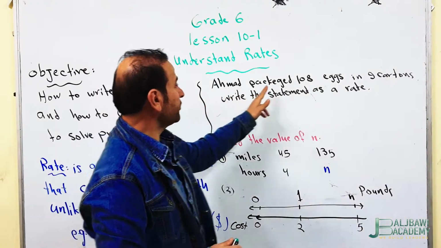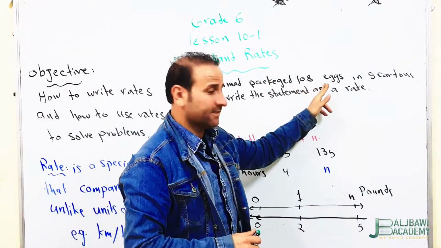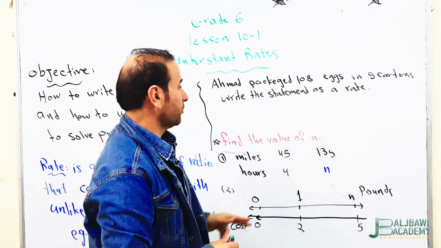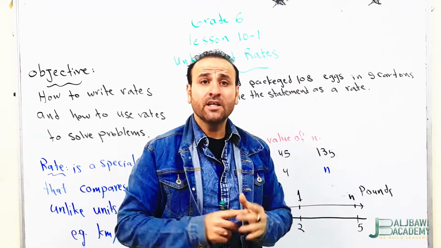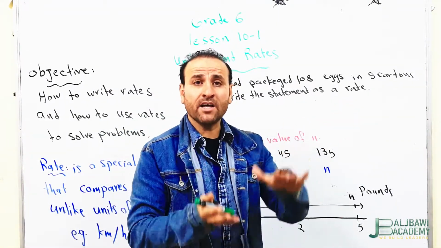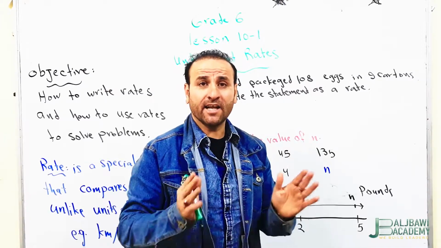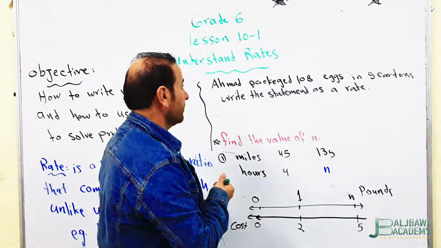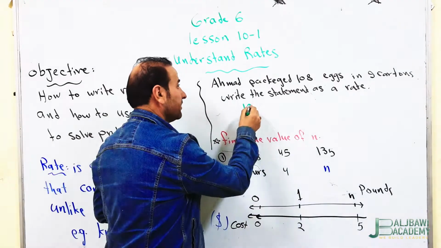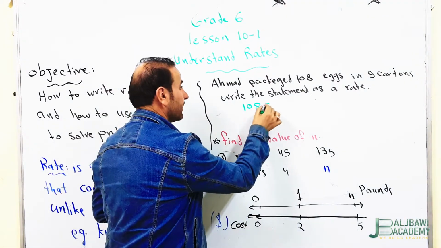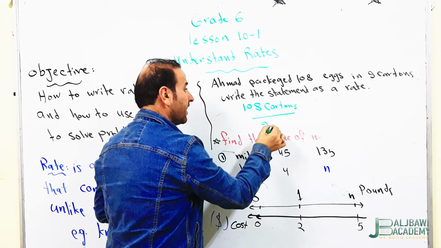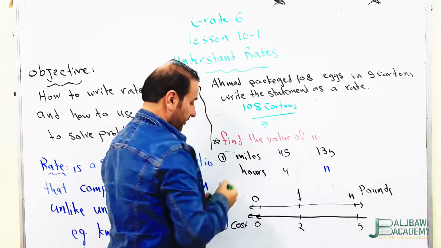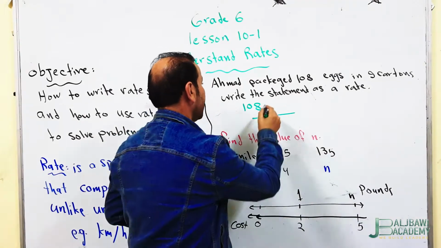Here, Ahmed packaged 108 eggs in 9 cartons. Write the statement as a rate. Now here, I just want to write them as a fraction. In this case, I write them as a rate. If you write, for every 9 cartons, we have 108 eggs.